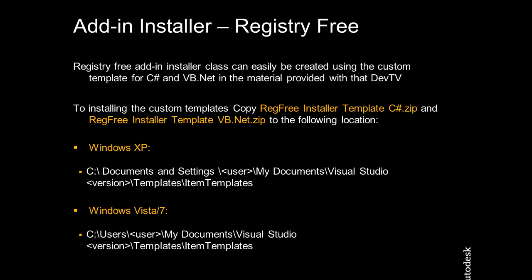In order to easily add this functionality to your project, I created a template available in C# and VB.NET that will gather all this logic for you. The only thing you will need to do is to add a new item to your project based on that template. In order to install the template, this is again pretty straightforward, as you simply need to copy those zip files into the following Visual Studio item templates directory. So let's see how it works through the demo.